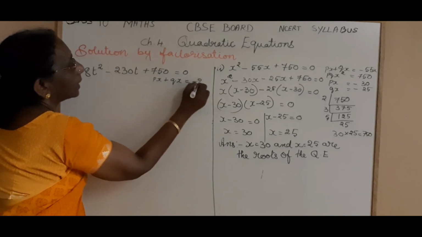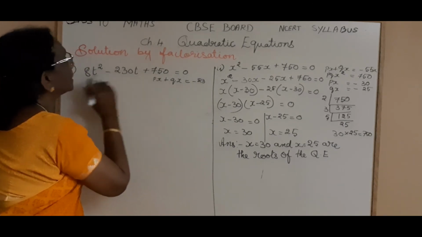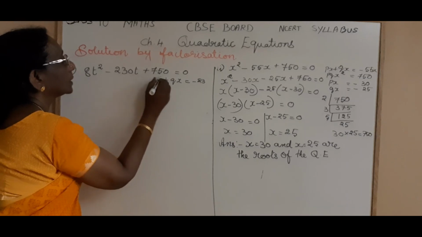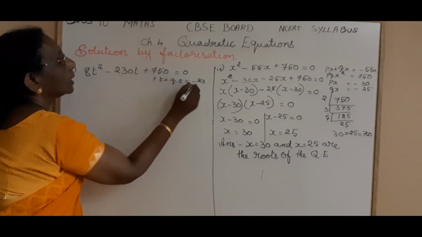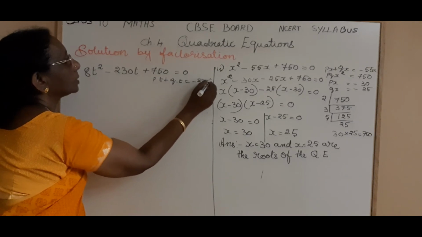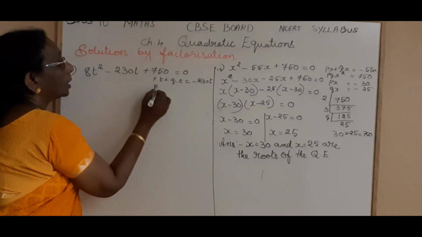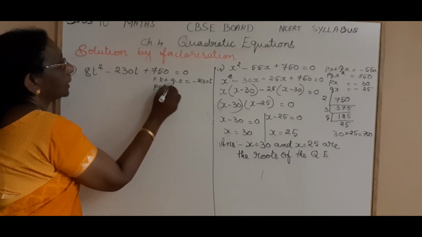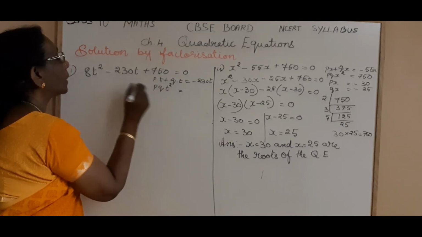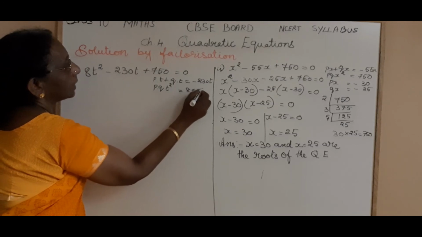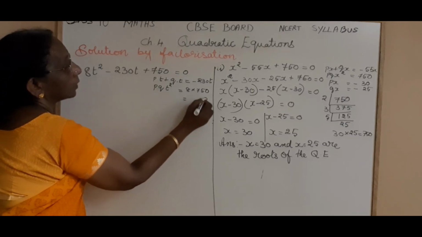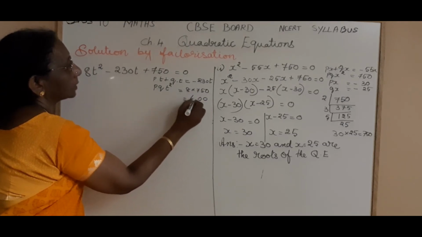It is equal to minus 230t, and PQ t square is equal to what? 8 into 750. What do you get? 6000.